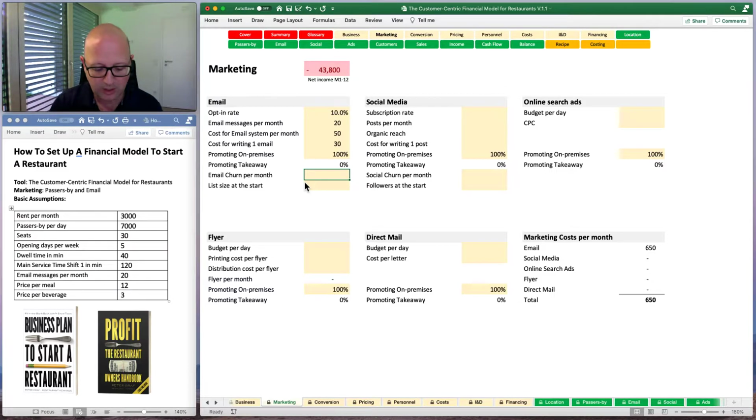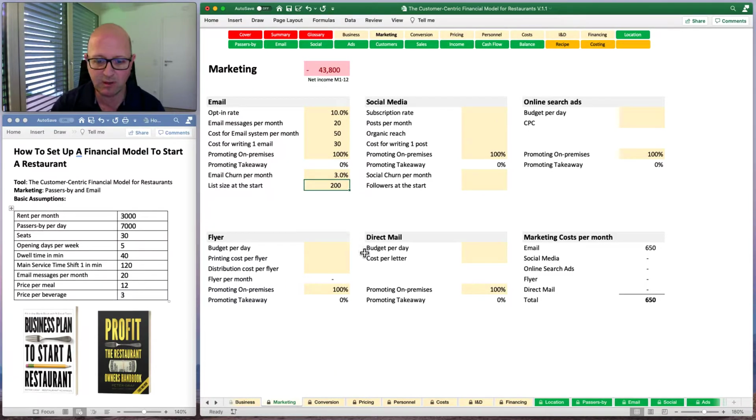So that's the churn rate, and let's assume about 3% per month from your email list you are losing. And if you already have an email list of, let's say, 200 people you can send to, then you can put this in here, and you already have a little list to start with. Okay, so that's our marketing at the moment.